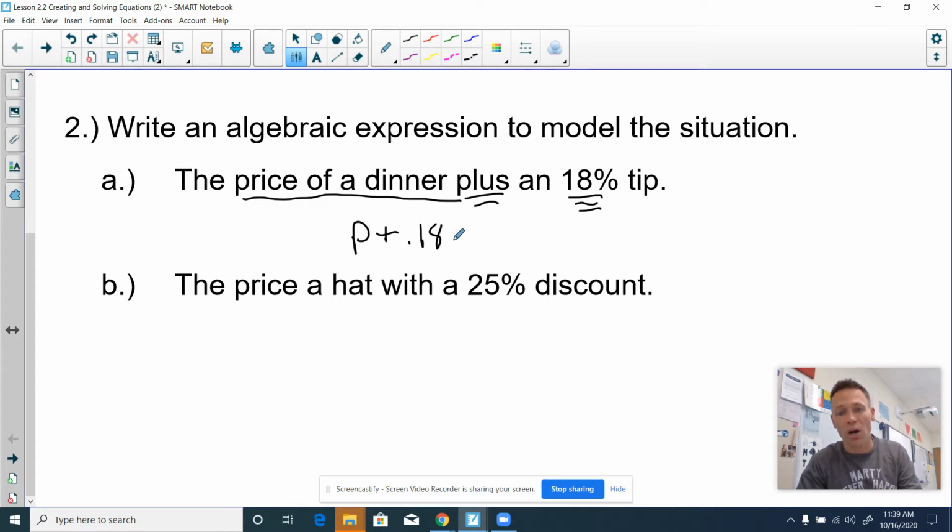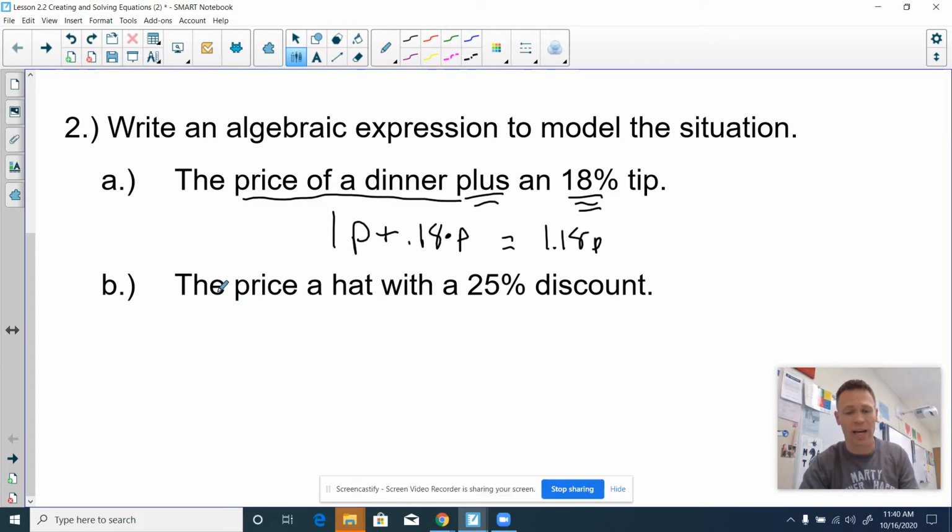Of means multiply, the original price. We're adding an additional 18% of the original price, okay? As we showed last class, this is 1p here, and this can be simplified to 1.18p. Now if you know the price is, say, $20, take 20 times 1.18, and that will give you the price of your dinner plus the tip.